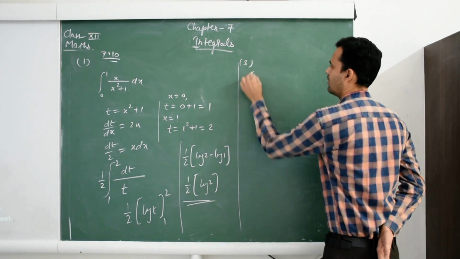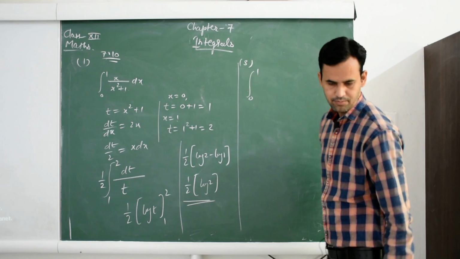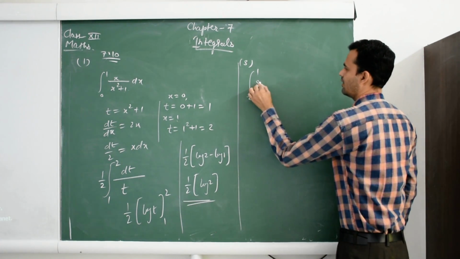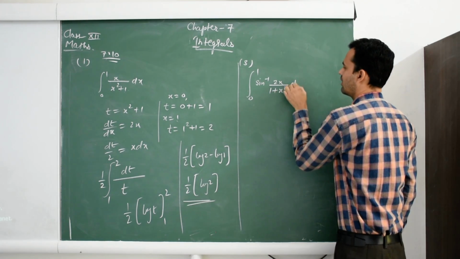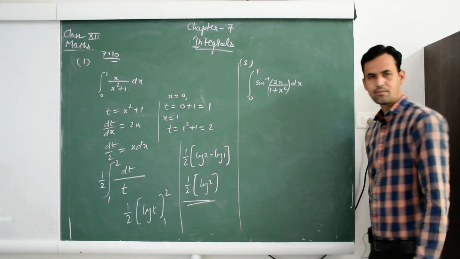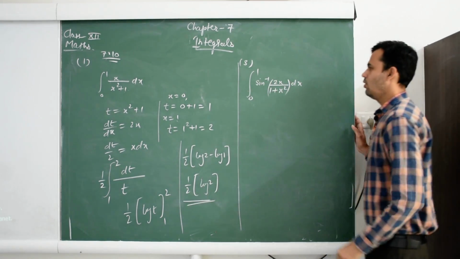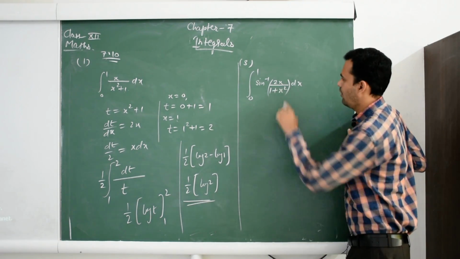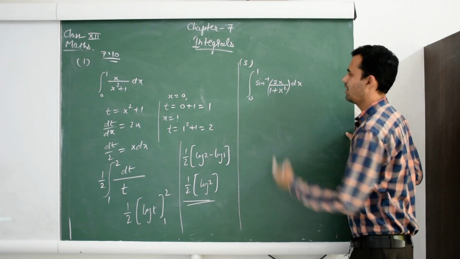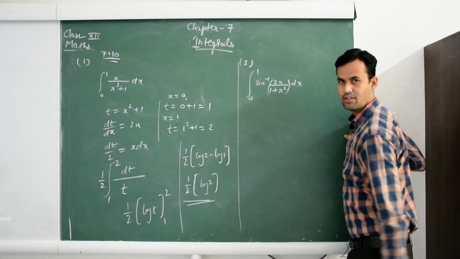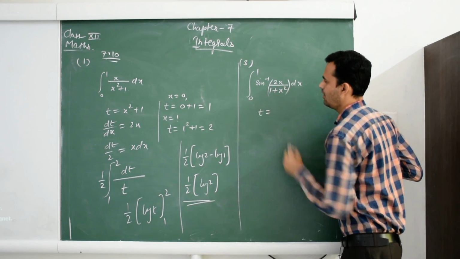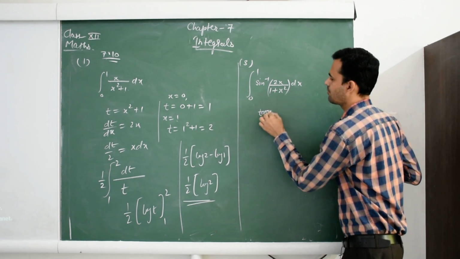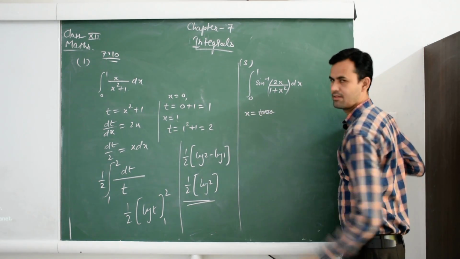Question number 3: the integral from 0 to 1 of sine inverse of 2x upon 1 plus x square dx. If we put x as tan theta, then we get 2 tan theta upon 1 plus tan square theta, and this is the formula of sine 2 theta. So we take tan theta as x.